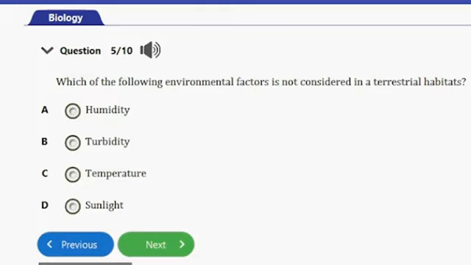Actually, turbidity refers to the clearness of the water, and since we are referring to the terrestrial habitat, we don't have anything to do with the water bodies, and that's it for that question. Turbidity is out of the game here, and that's the answer to this question.